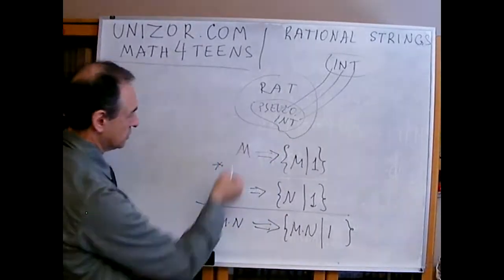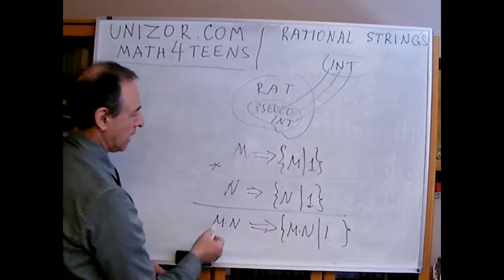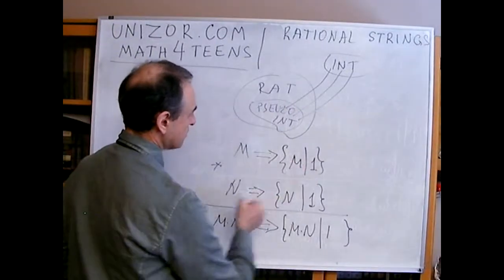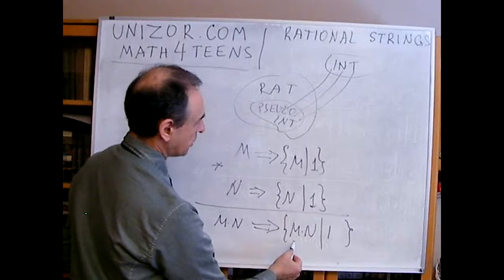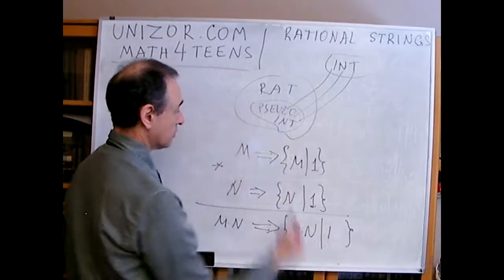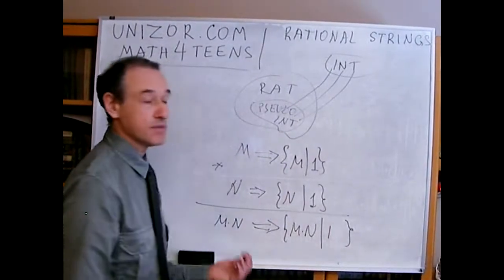So either we do it this way, so we multiply and then map, or first we map and use the images and multiply according to the rules of the multiplication of rational numbers, we get exactly the same thing.